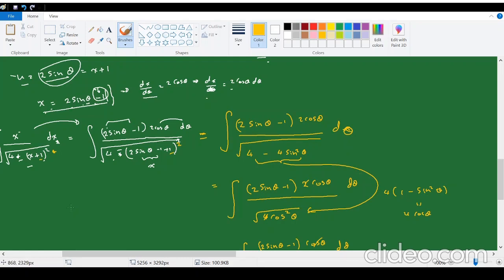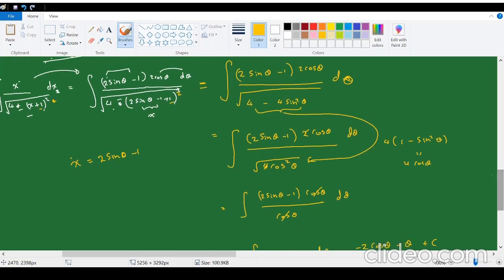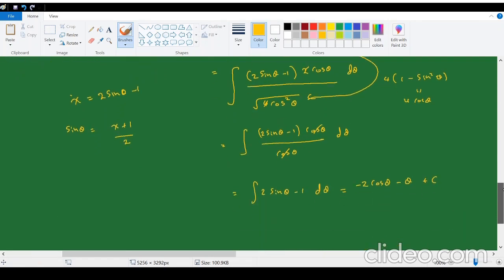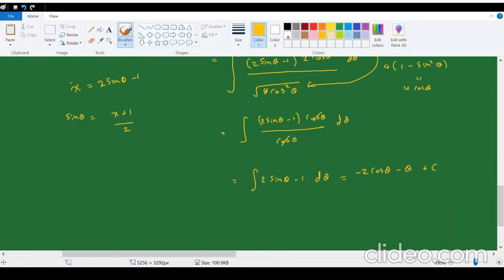See here, this is the main equation that we use, 2 sine theta minus 1. In other words, sine theta was equal to x plus 1 over 2. So this is the relationship that we need to use for the right angled triangle, right?